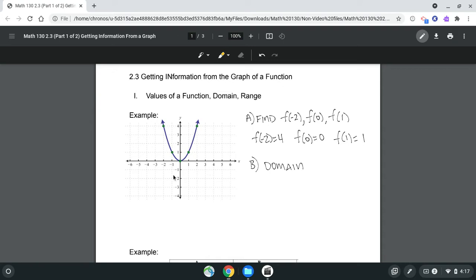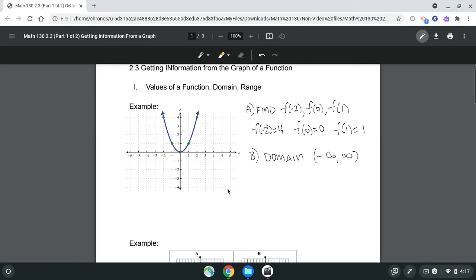So we can see here that all of the x's are getting used. So our domain is all real numbers, and we can represent all real numbers by doing this: -infinity to +infinity. So again, domain is our horizontal space that's being taken up when we look at it visually from a graph.